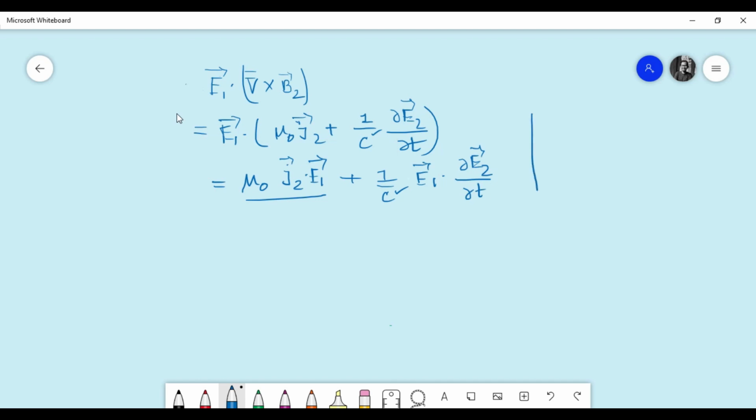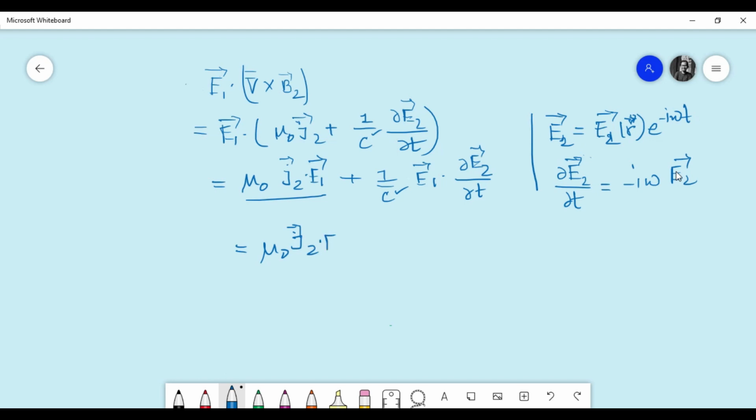Remember, the problem statement says that the electric fields have harmonic time dependence. So you take the partial time derivative of this electric field, you're just gonna get a minus I over omega in front of it. Using that, we can write this expression as this.